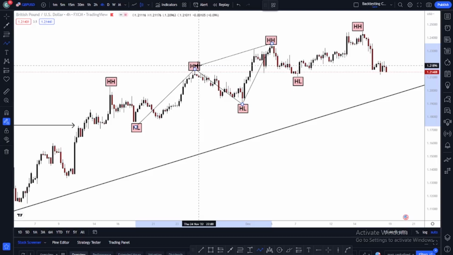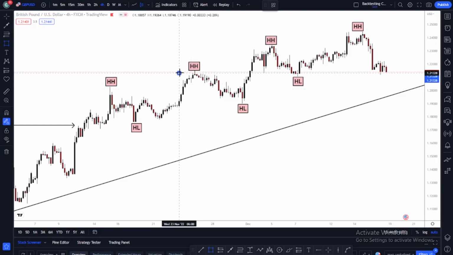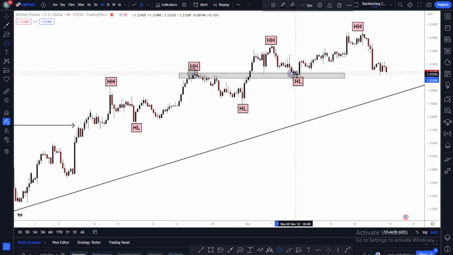All I did was take my rectangle tool, draw across, and mark this point as resistance. Remember, this higher high was serving as resistance. We were waiting for price to come back and retest the resistance, our previous higher high, as a support, which will create a new higher low.